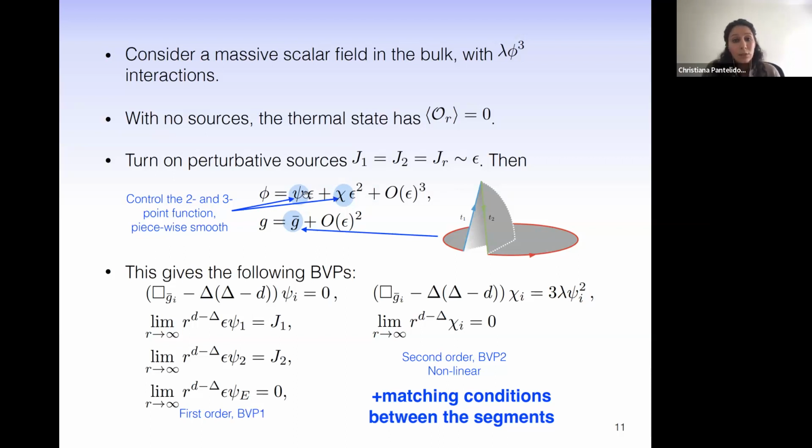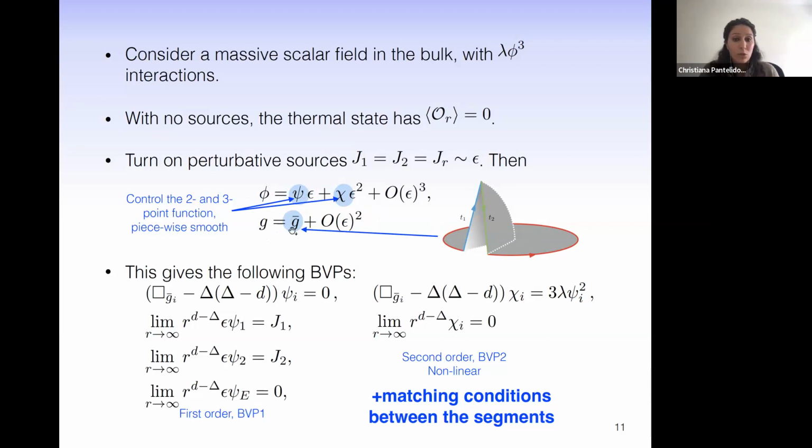As we'll see later on, psi essentially controls the 2-point function and chi controls the 3-point function. Now, this is for the scalar field. Of course, we also have the metric, so the geometry itself. And it turns out that up to order epsilon squared, the geometry does not receive any corrections.